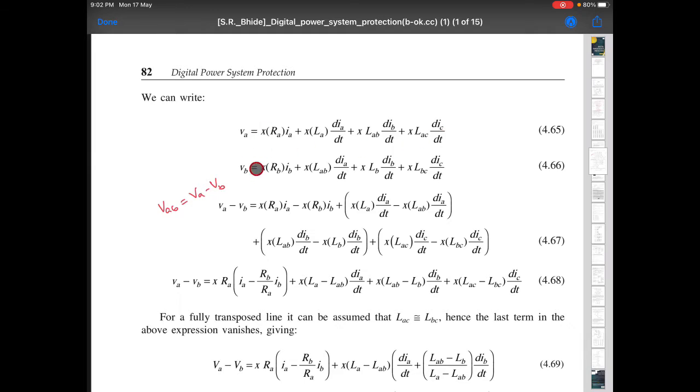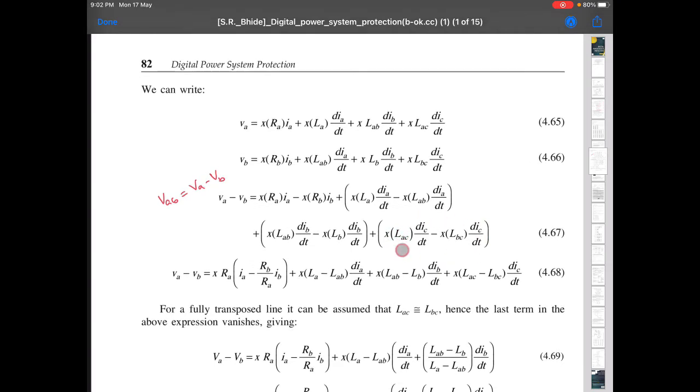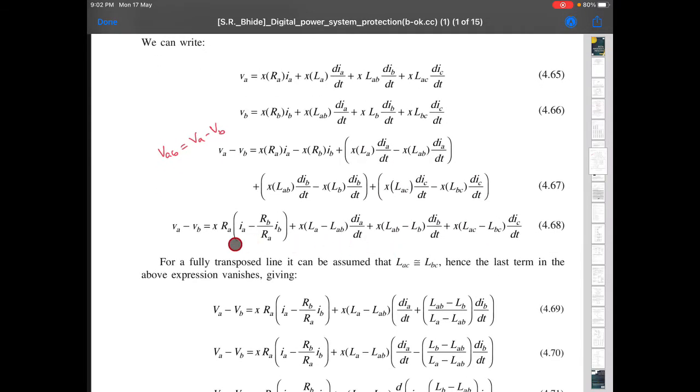What was common here was the resistance part. Here it was di A by dt, and here di B by dt, and di C by dt. So that's clear. Now we'll simplify this because more terms are there.